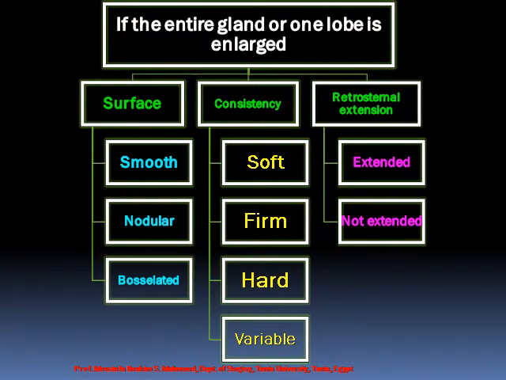If the entire gland or one lobe is enlarged, we do palpation for the surface, whether smooth, nodular, or ocellated. We palpate for consistency, whether soft, firm, hard, or variable. We palpate for retrosternal extension, whether the swelling extends retrosternally or not.